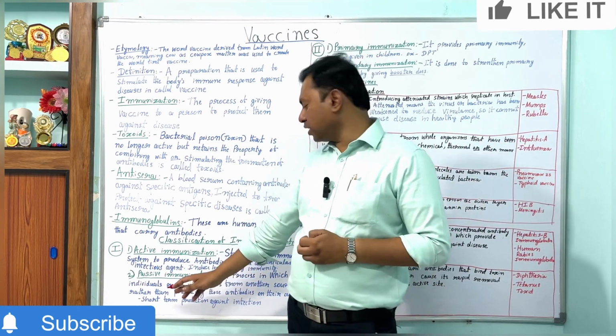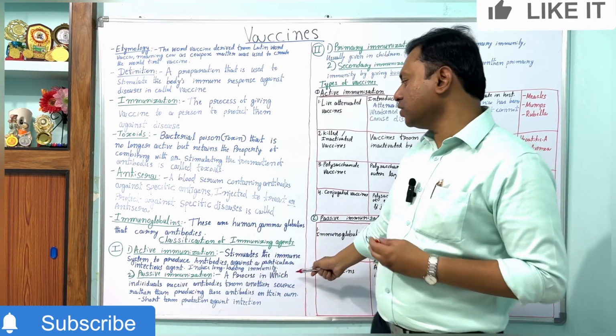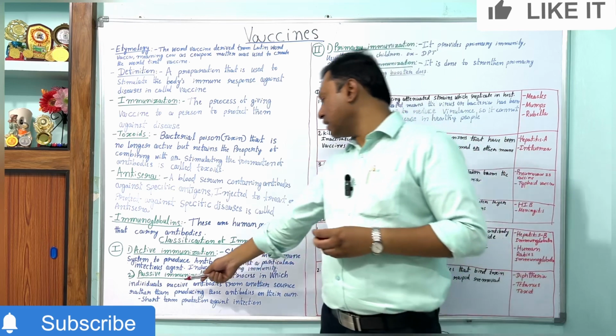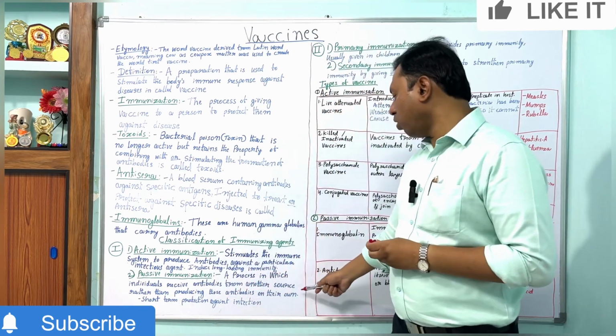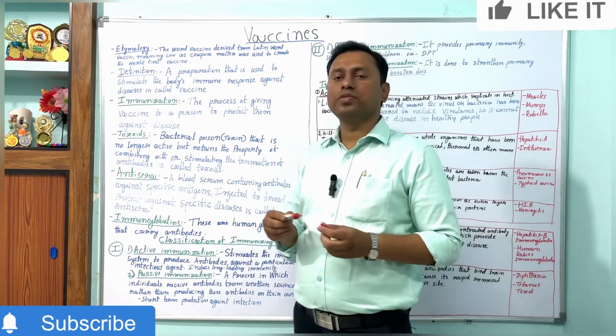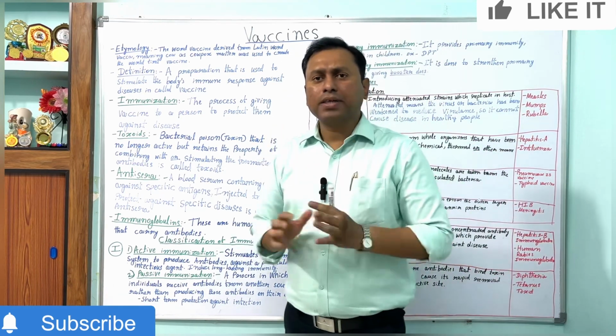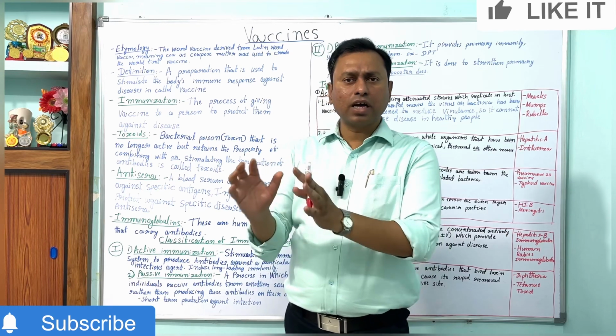Passive immunity means a process in which an individual receives antibodies from another source rather than producing those antibodies on their own. Here we do not give the antigens directly to the diseased person.